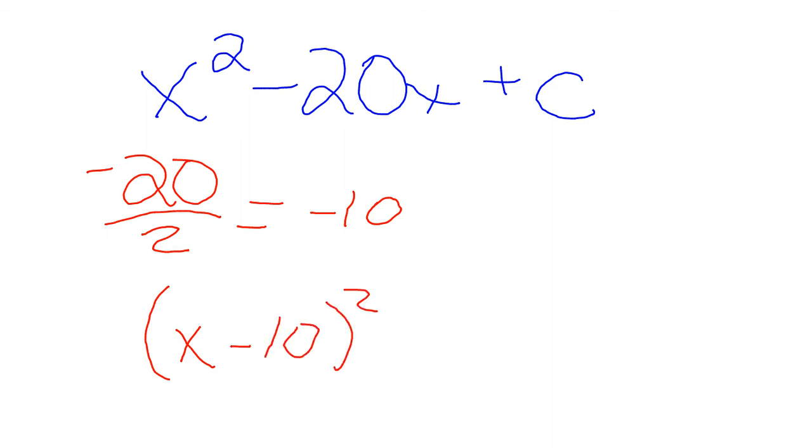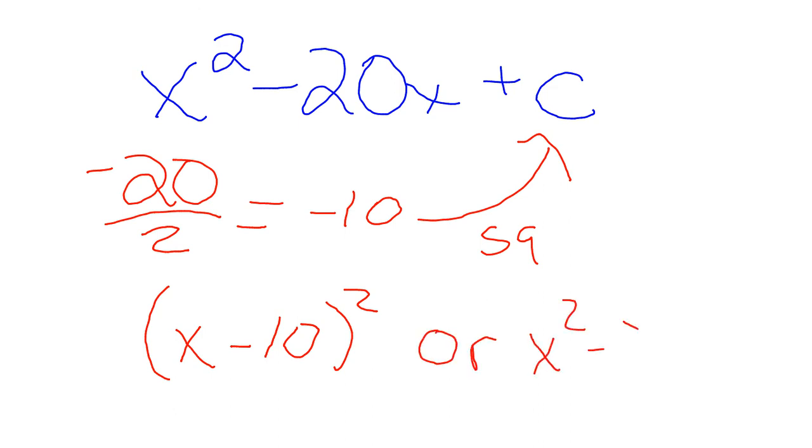And also, to get c, I need to square it. So negative 10 times negative 10 is a positive 100. So x minus 10 squared, or x squared minus 20x plus 100.